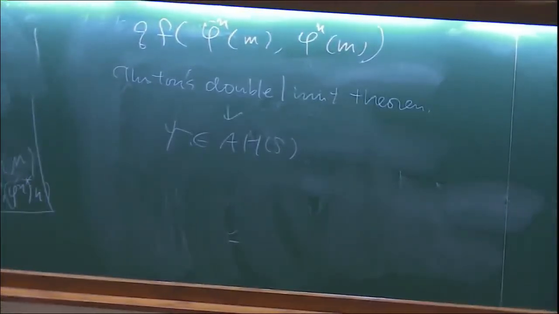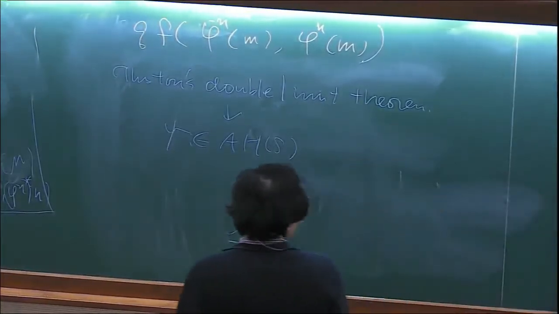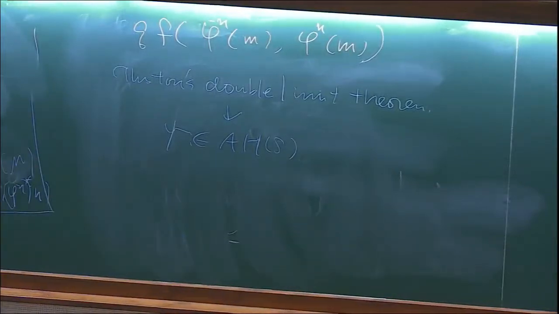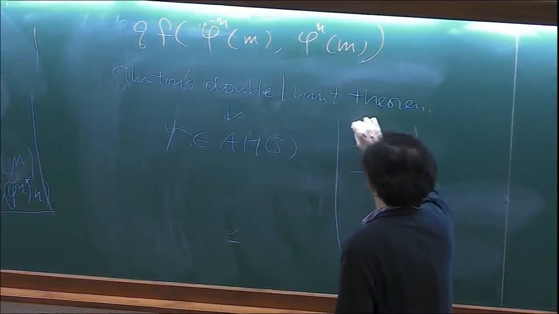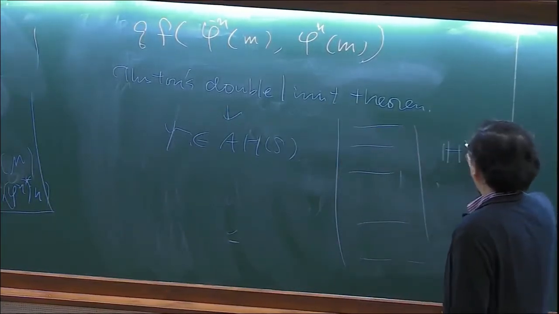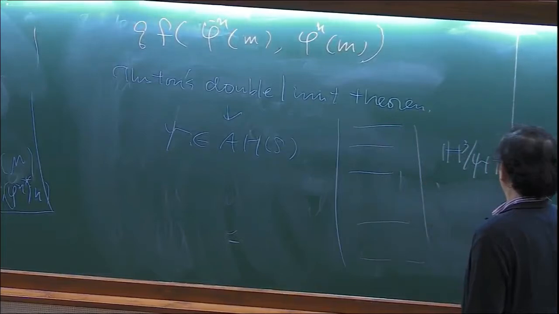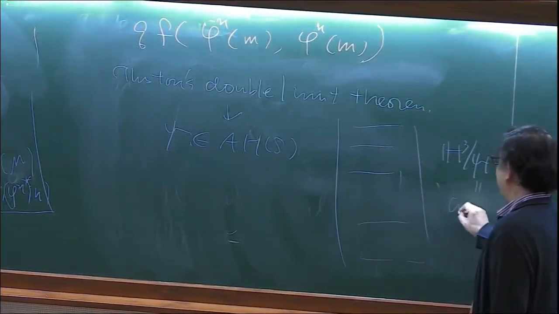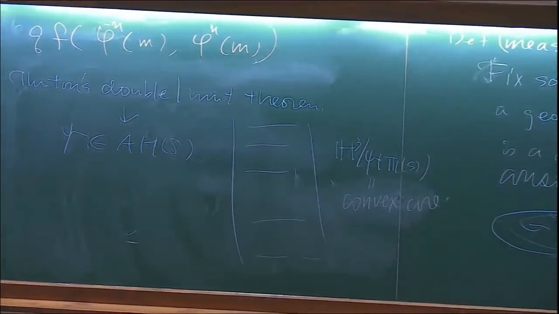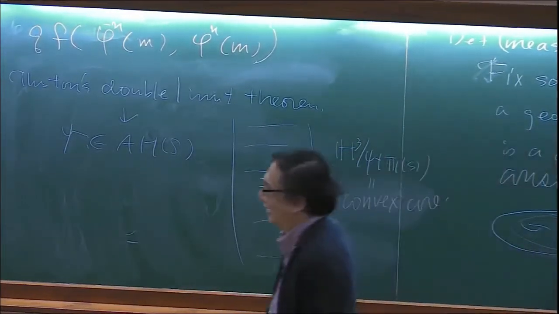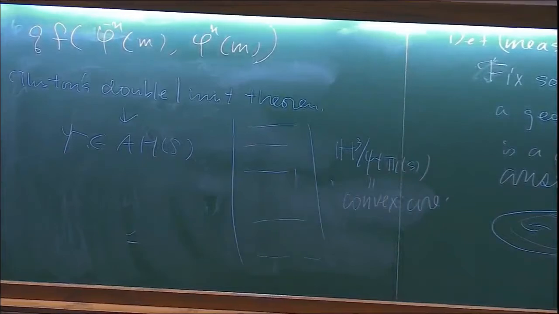So in this case, there's nothing like this bottom surface. The limit is something like this. The entire manifold is a convex core. There's no proper convex subset which is a deformation retract.